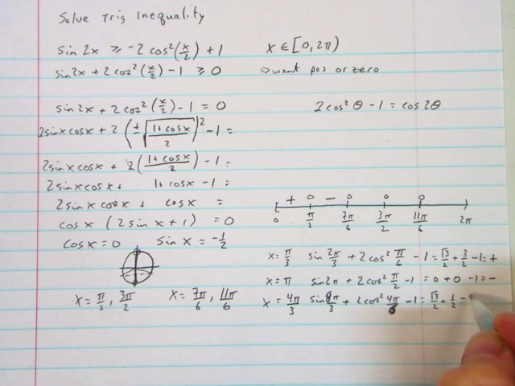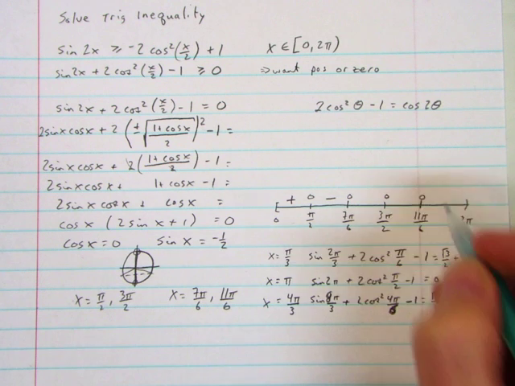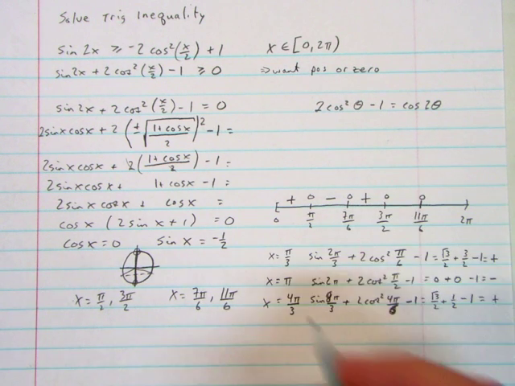And then we're going to be subtracting 1. Now, square root of 3 over 2, as you recall, is about 0.86. Plus 0.5 gives us 1.36-ish minus 1, and this will give us a positive number. So we can just put plus.